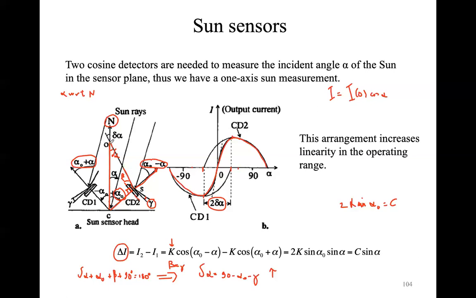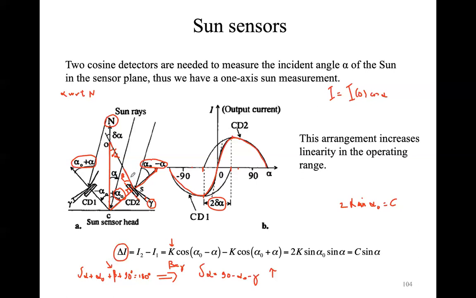And the intersection of this line with the normal of the sun sensor head gives you an angle delta alpha. So delta alpha, of course, is a function of beta. So if you write the sum of the angles, you see that delta alpha plus alpha 0 plus beta plus 90 degrees is equal to 180 degrees.